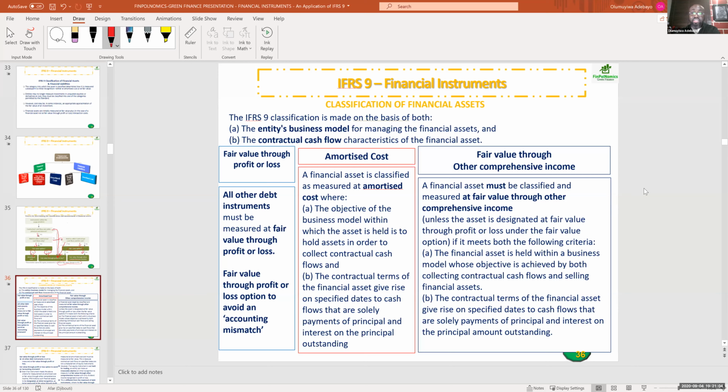Subsequently, the measurement, whether at fair value or at amortized cost, depends on the class of asset or liability. The recognition of fair value gain or loss will also be based on the class. And we said that fair value movements do not affect financial assets classified as amortized cost.